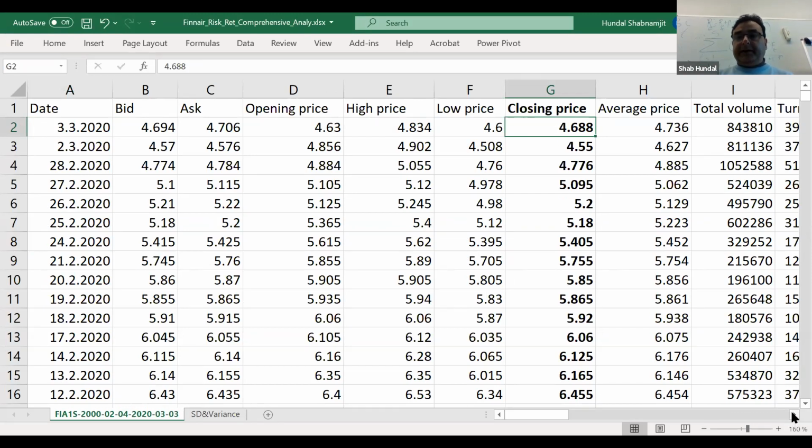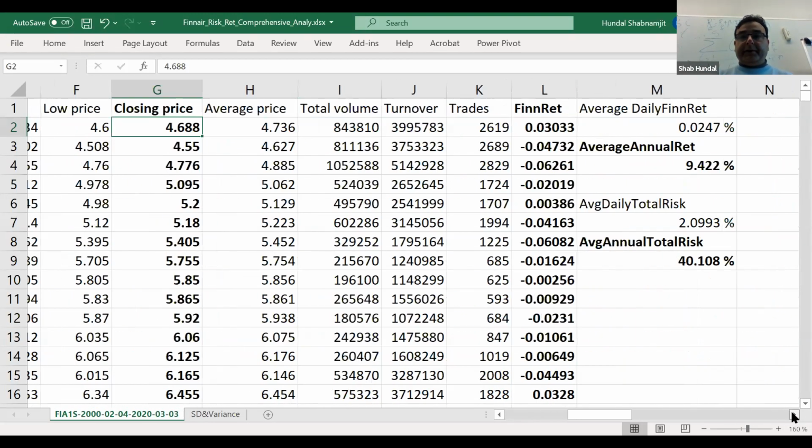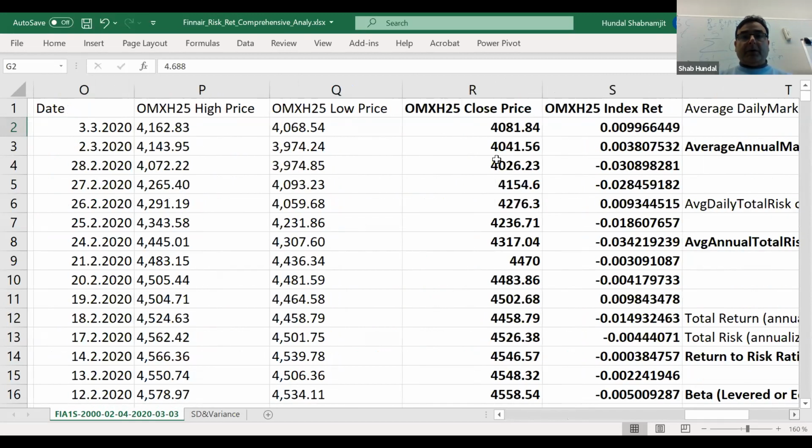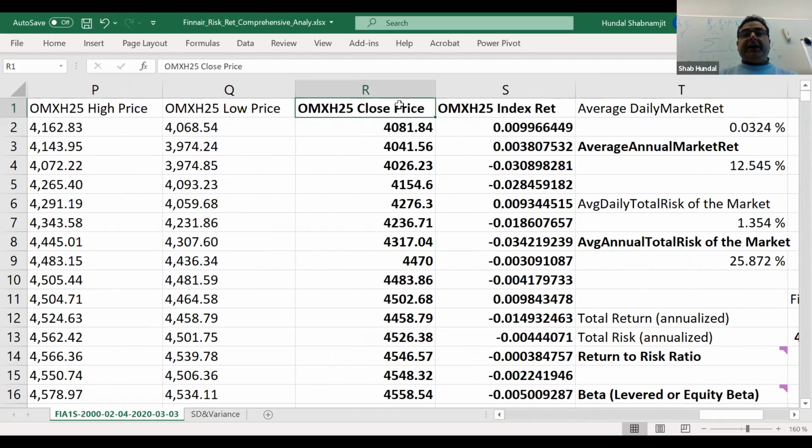And then we compare FinAir with the OMXH Helsinki 25. This is the index. You know this index? This is the market return, basically, the market index. Because you want to compare your company's performance vis-a-vis the market performance.